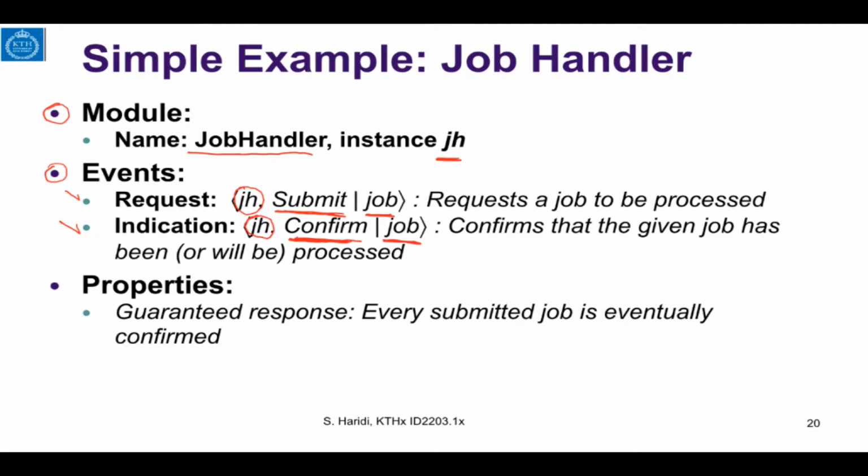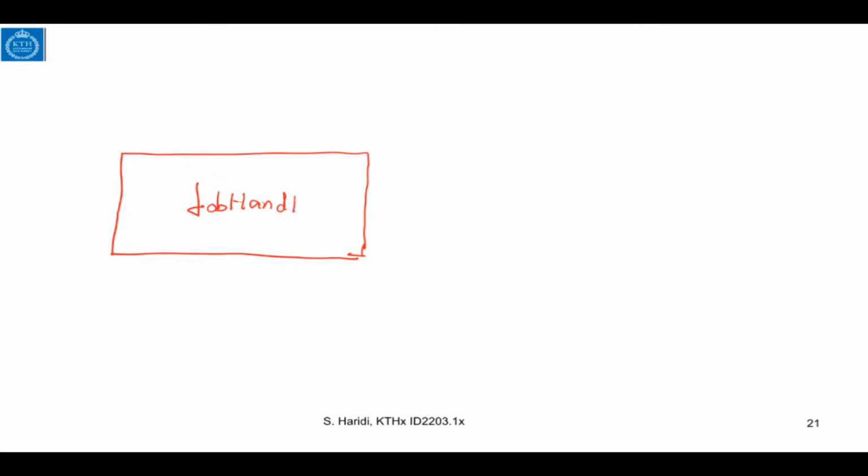And here is the property we want to satisfy, which we call guaranteed response. Guaranteed response says every submitted job is eventually confirmed. So let us look at this again. Here is a component. We draw it here as a box, and this component is a job handler component, JH.